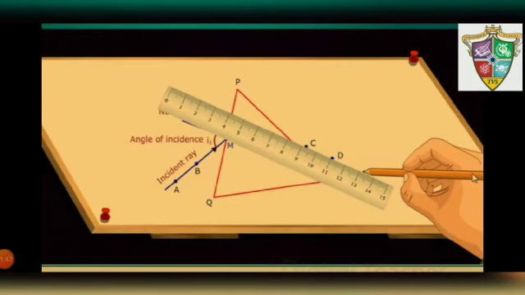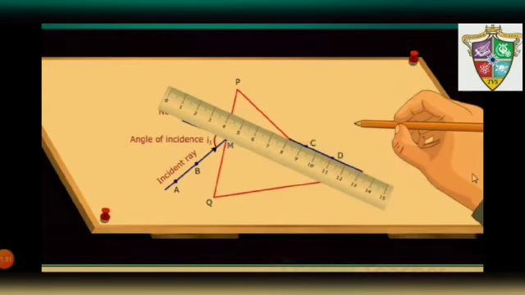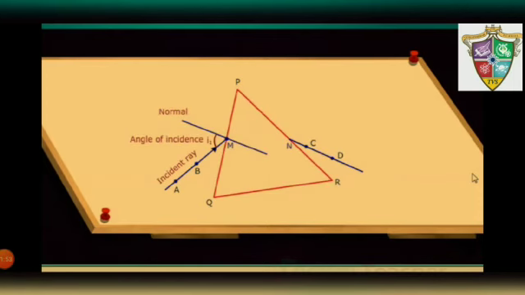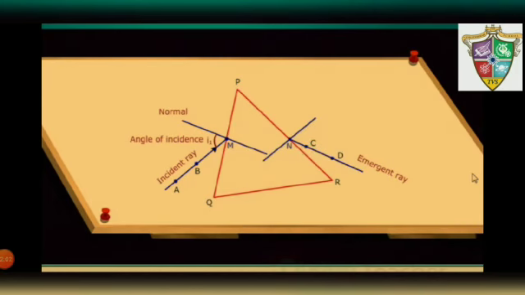Join the line CD and extend it to the surface PR. Mark this point N and draw a perpendicular line. This ray is known as the emergent ray. And this angle that the emergent ray is making with the normal, say i2, is the angle of emergence.